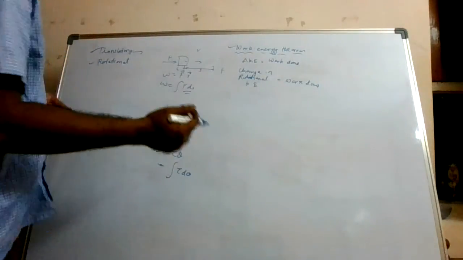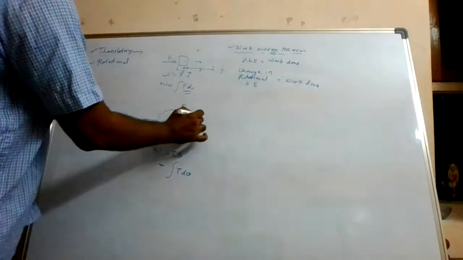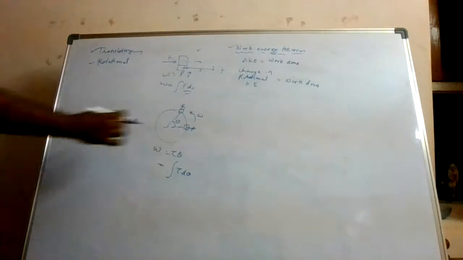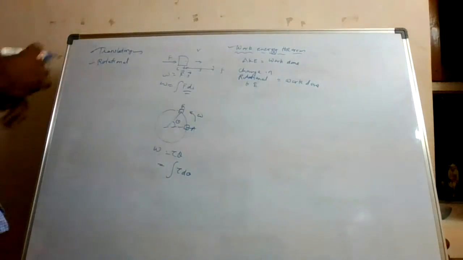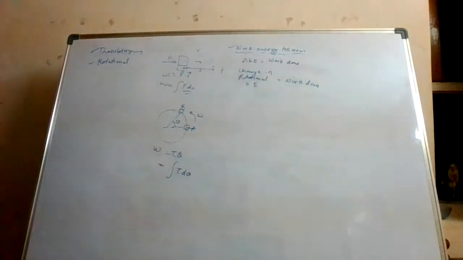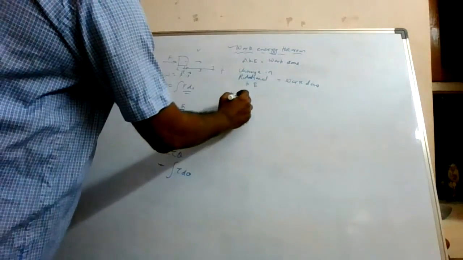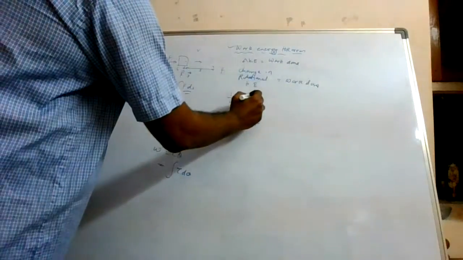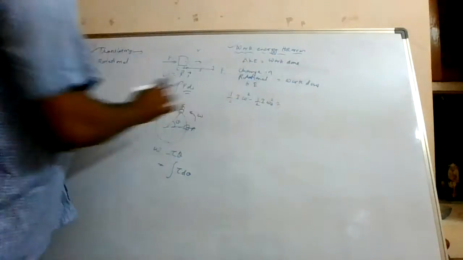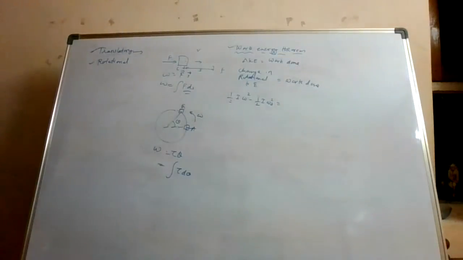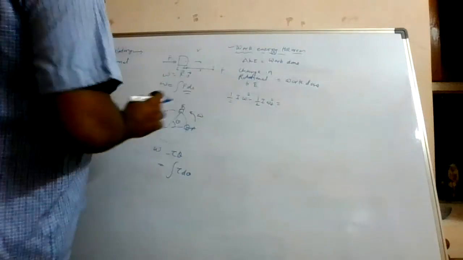So it must be having some angular speed omega, then only it is possible. Let us say A is the initial position, B is the final position. So take the difference of initial and final kinetic energies. It is denoted by half I omega square minus half I omega naught square. What is omega naught? Omega naught is the initial angular speed and omega is the final angular speed.